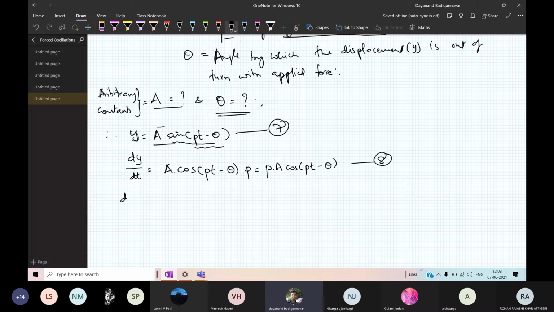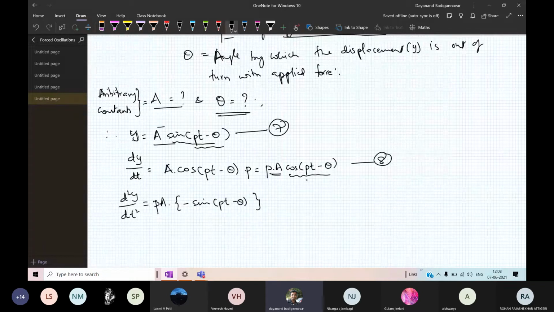Next, you find d2y by dt square. So here you have pa, dy by dt is this. Keep pa as constant as it is, and differentiate cos pt minus theta, it gives you minus of sine of pt minus theta.